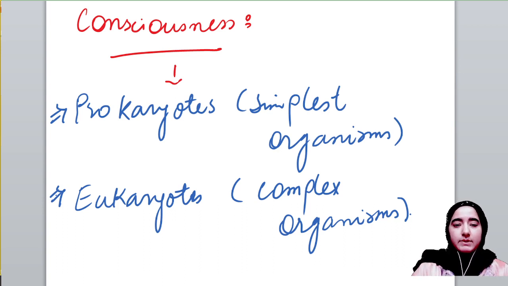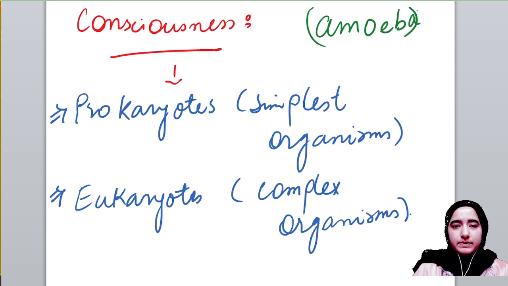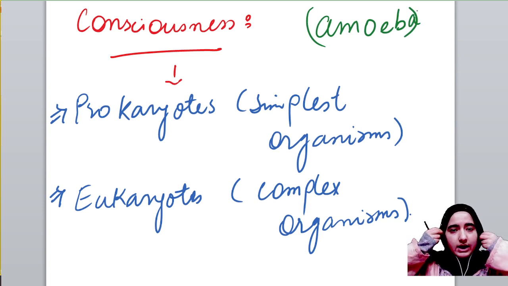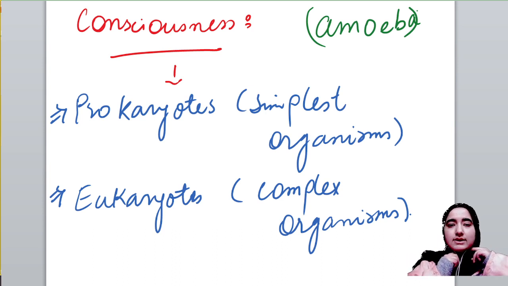I already mentioned in reproduction in organisms, amoeba does reproduction through binary fission, but when there are unfavorable conditions, they divide by multiple fission. That means they are capable of sensing their environment.